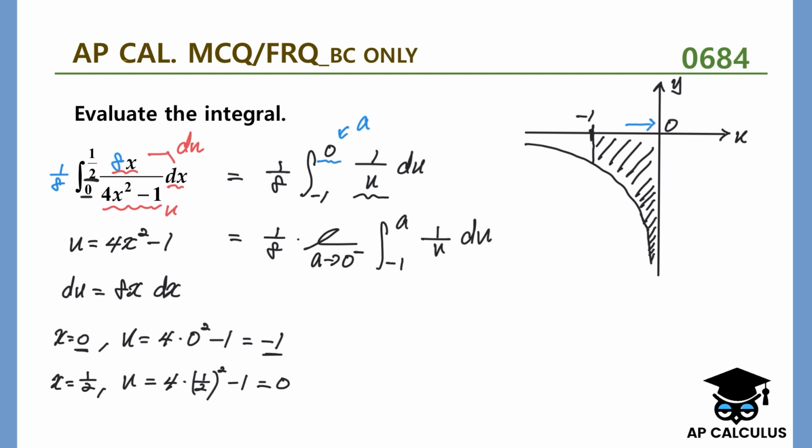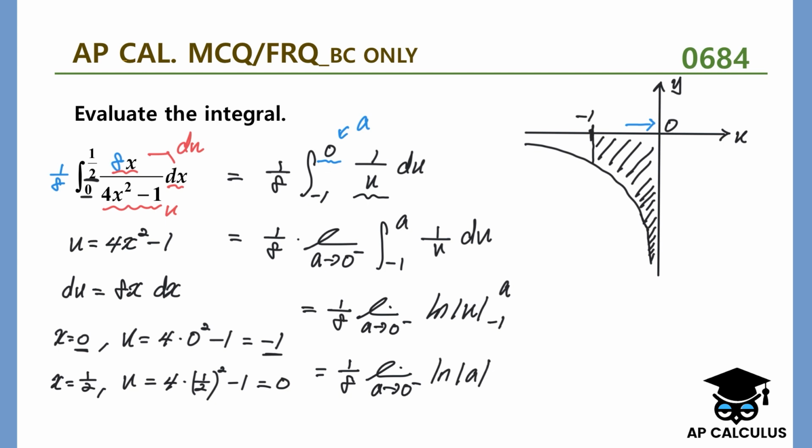The antiderivative of 1 over u is just natural log of the absolute value of u, so natural log of |u| from -1 to a. That's going to be natural log of |a| minus natural log of |-1|.